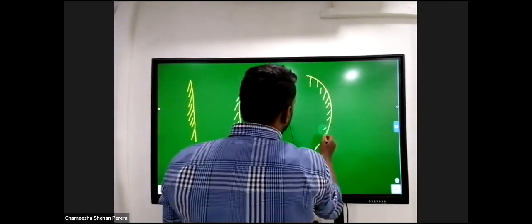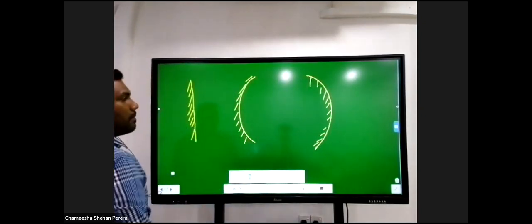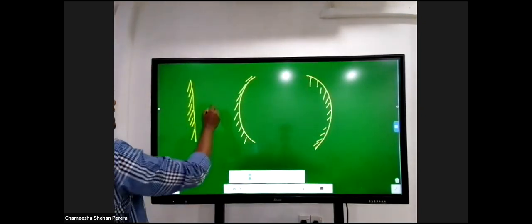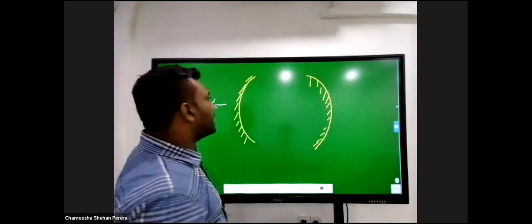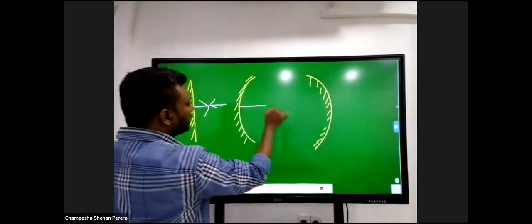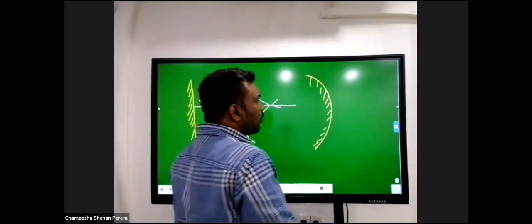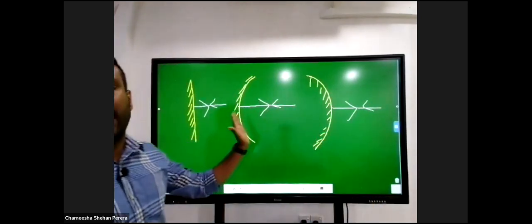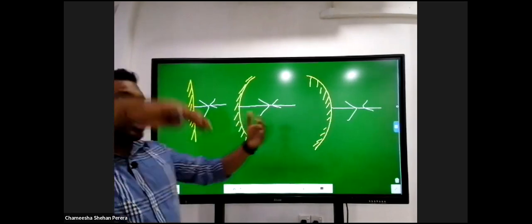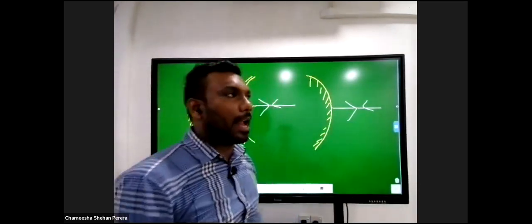What will happen to light rays that fall on these reflecting surfaces? The light ray gets reflected back into the same medium from which it came. In no situation could light travel through these reflecting surfaces.